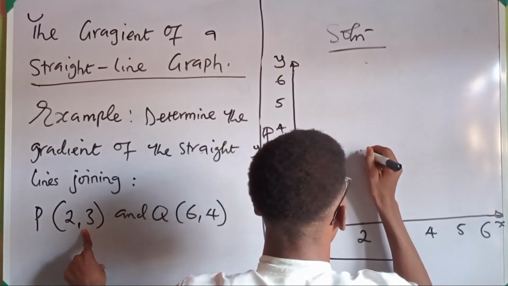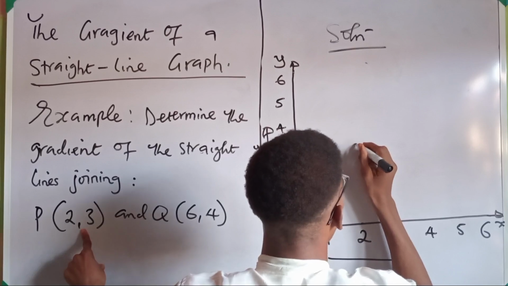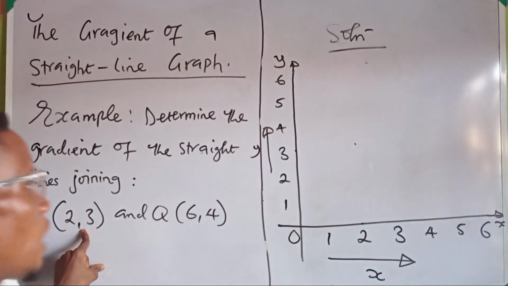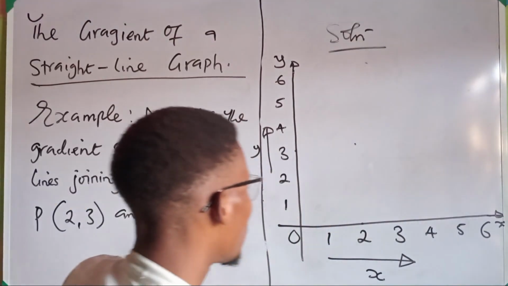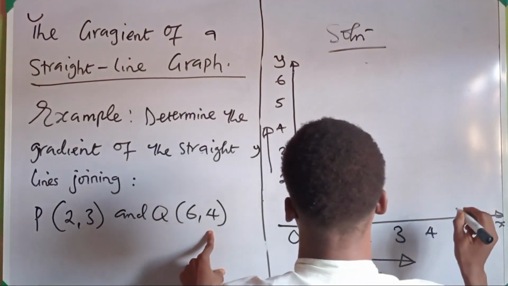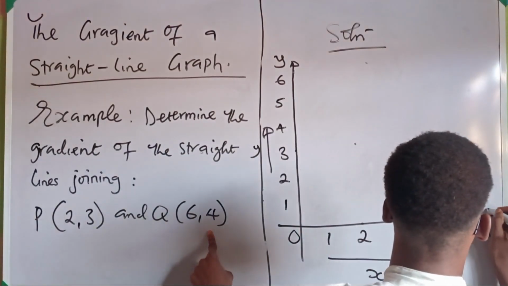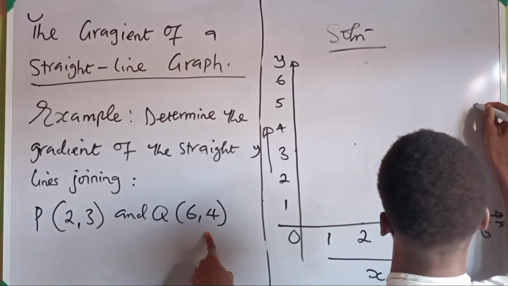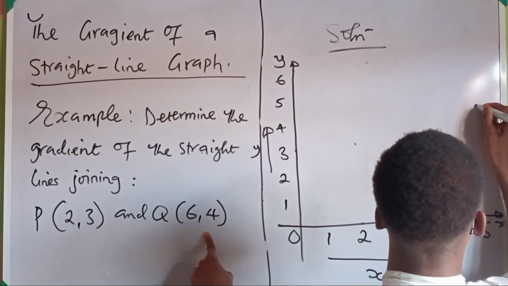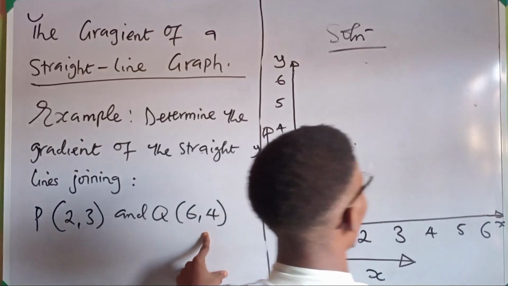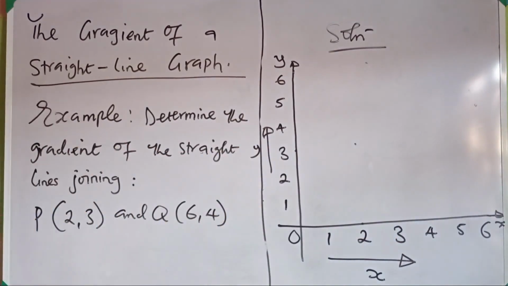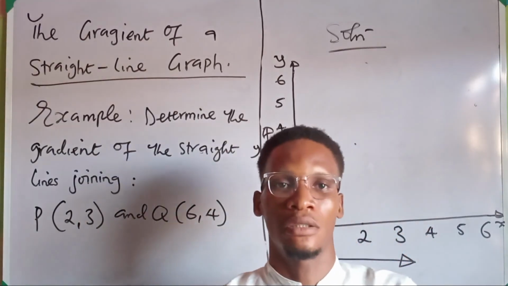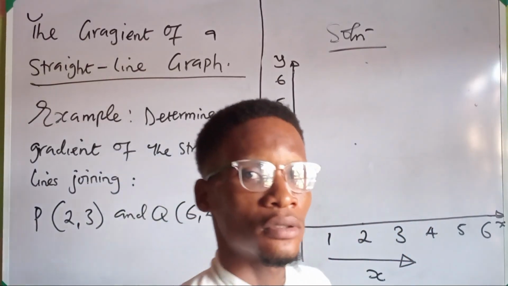You can use a rule, but if you're using graph paper, it will be easier for you to identify the point. Now, when X is 6, Y is 4. It should be this point. Using graph paper, you plot this and get the correct answer, very accurate.